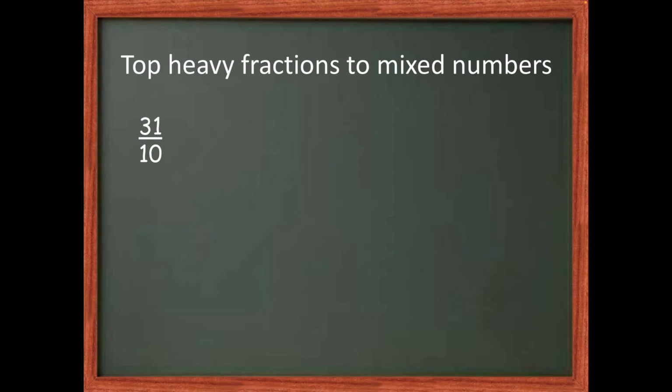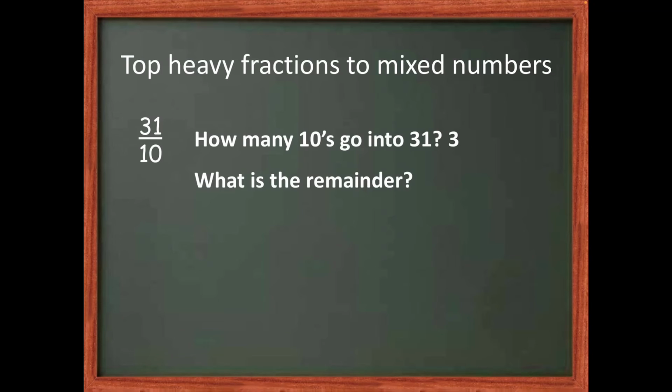Let's try another one. We have 31/10. We want to convert this into a mixed number. First off, we divide 10 into 31. How many times does 10 go into 31? 10 goes into 31 3 times.